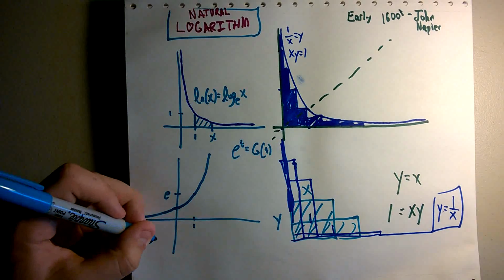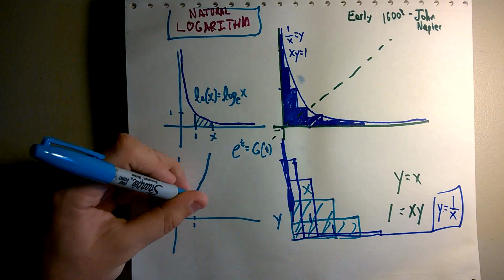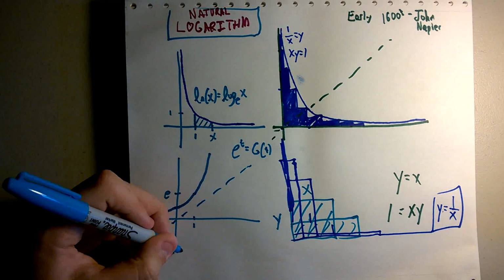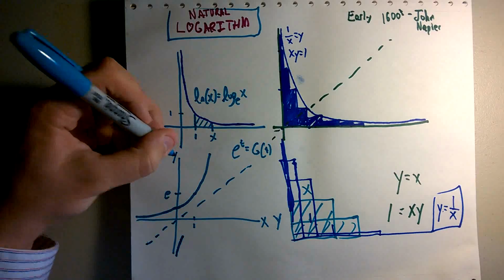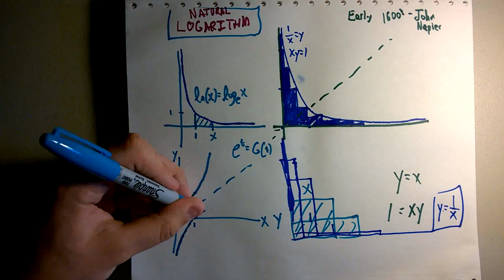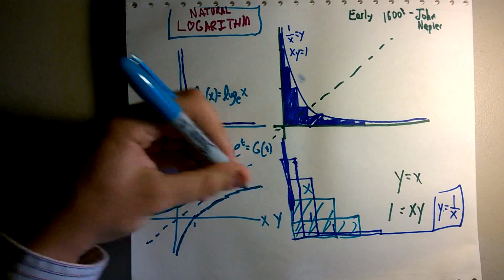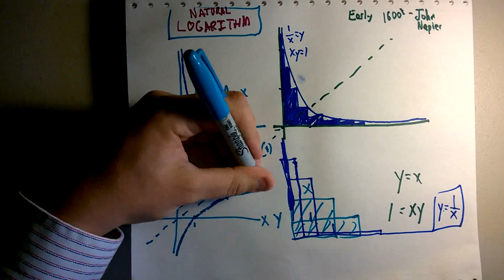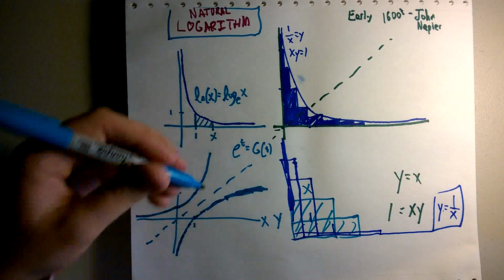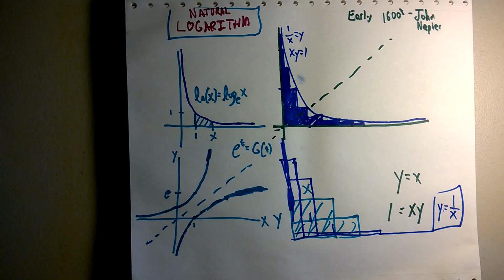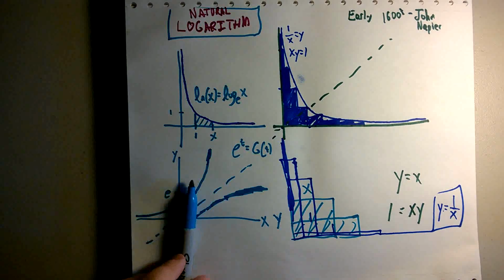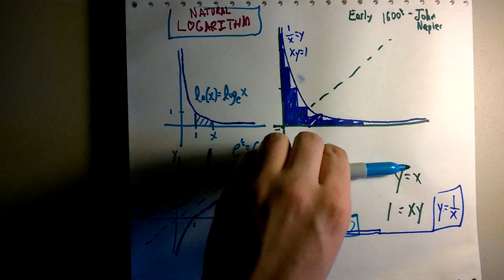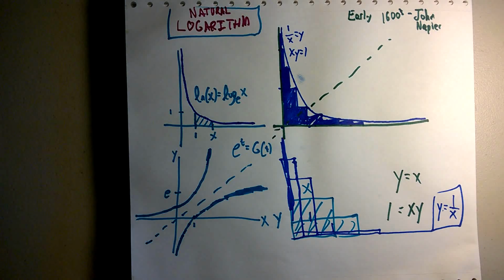In fact, it will look like a reflection of this, because it gives you the exact same values, just you're changing what you use for x and y. So you get a curve that looks like this. And it gets pretty flat because this gets big fast, so it goes to a really tall slope fast, whereas this gets small fast, so it gets to a really flat slope fast.